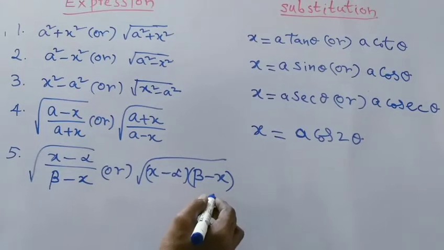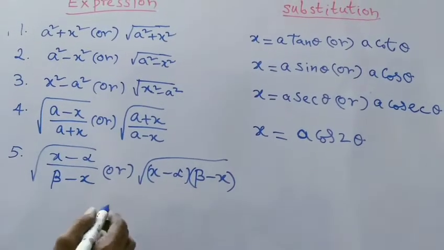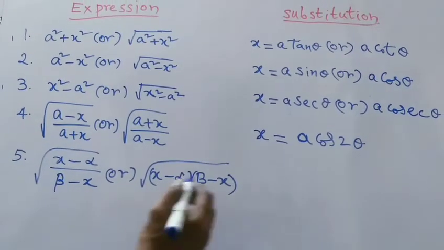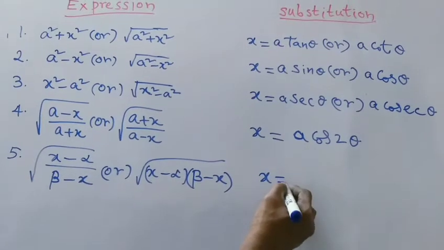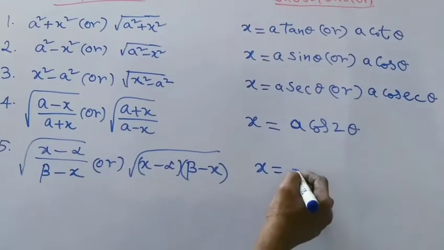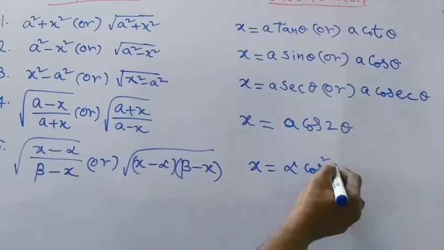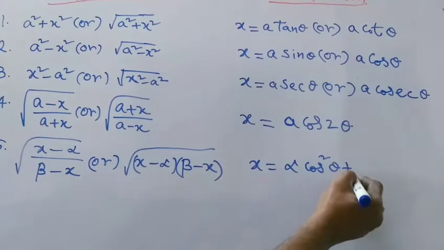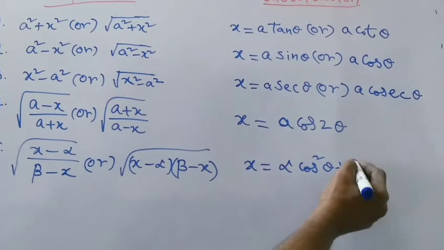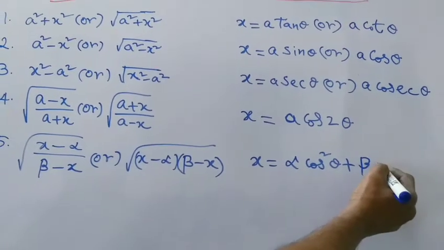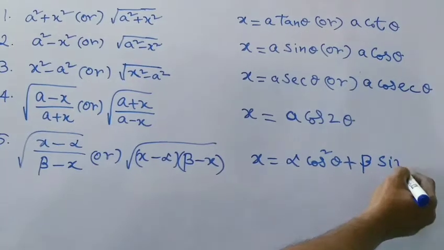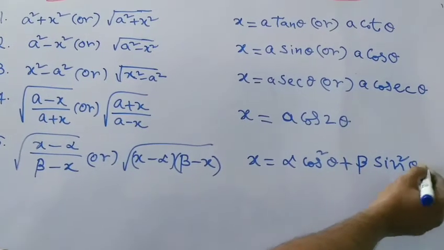For this expression, the substitution is x is equal to alpha cos square theta plus beta sin square theta.